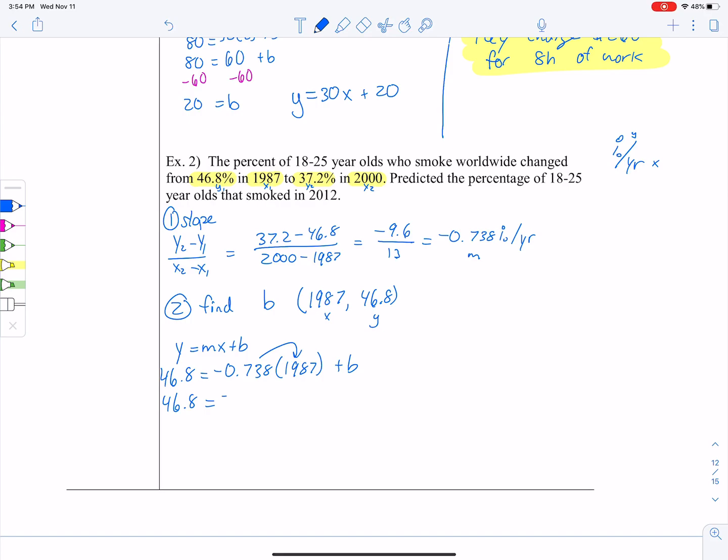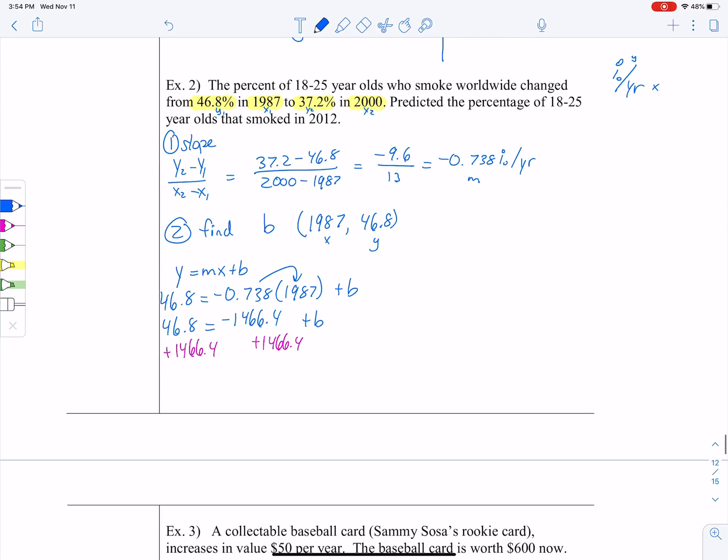We get negative 1466.4 plus B, and we're going to add that to both sides. Okay, and so we get B is equal to 1513.2.